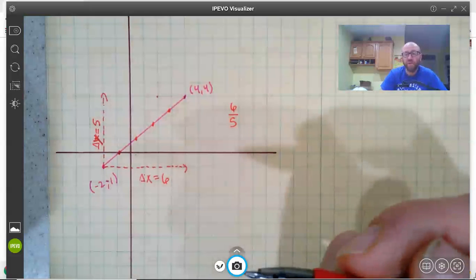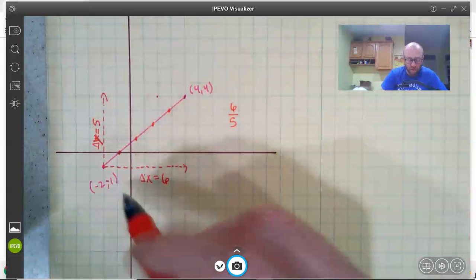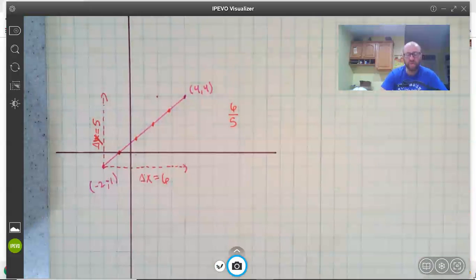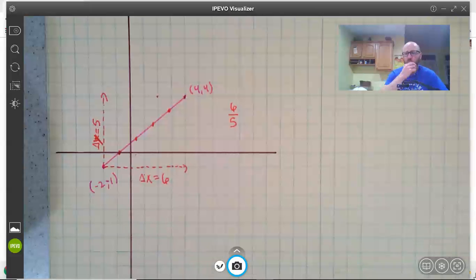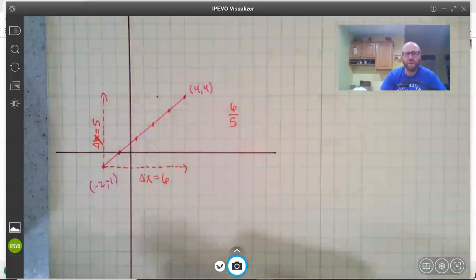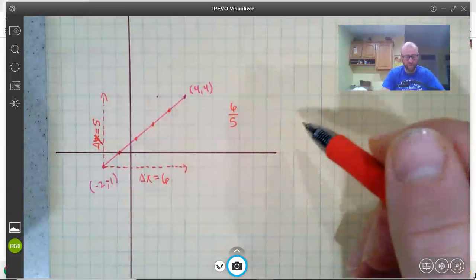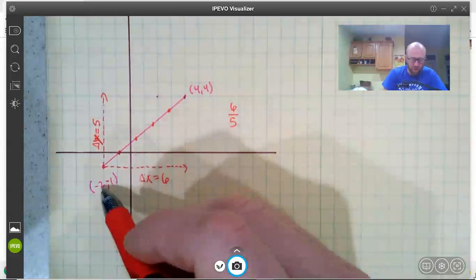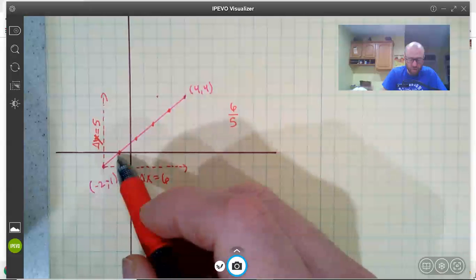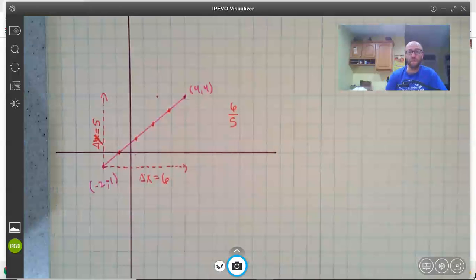We just leave that as a fraction, 6/5. So we move over 6/5 of a space every time. Let's leave it as a fraction. 6/5.